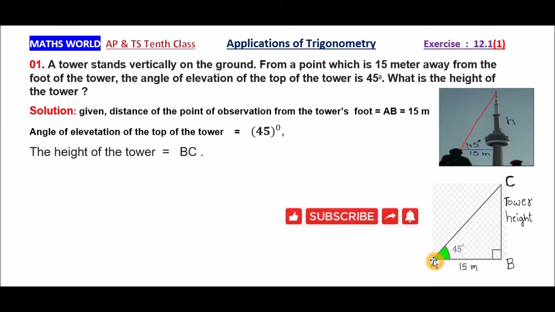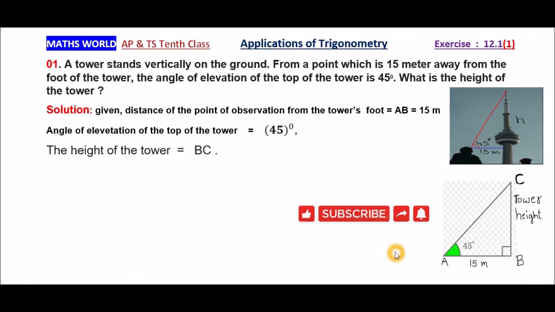The distance of the point of observation from the foot of the tower is AB, equal to 15 meters, and the angle of elevation. C is the top of the tower. The angle of elevation of the top of the tower is 45 degrees. We have to find out BC, the tower height.